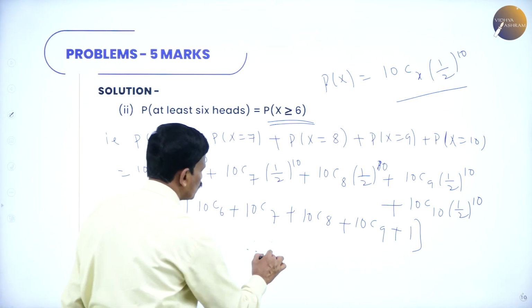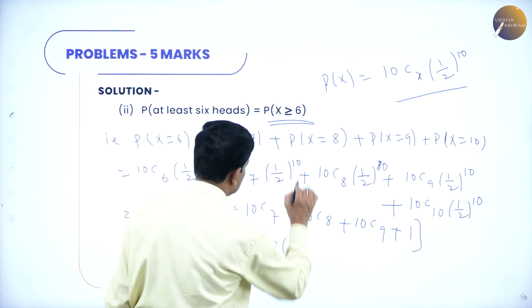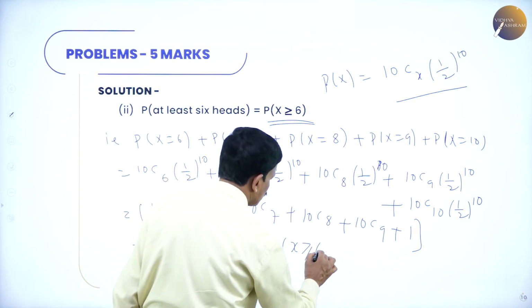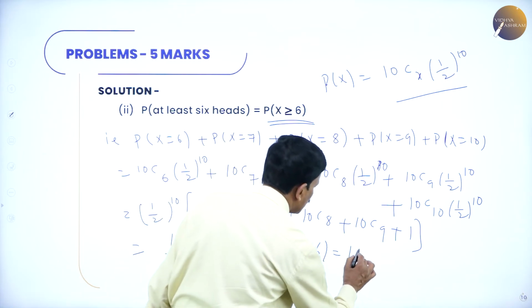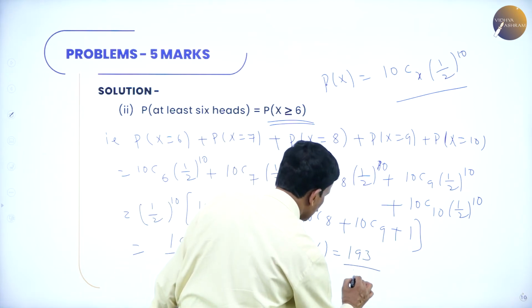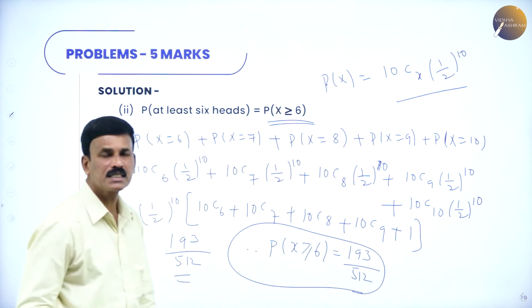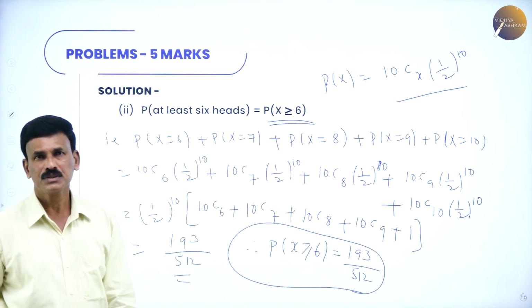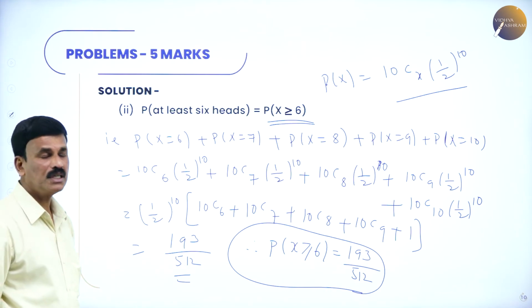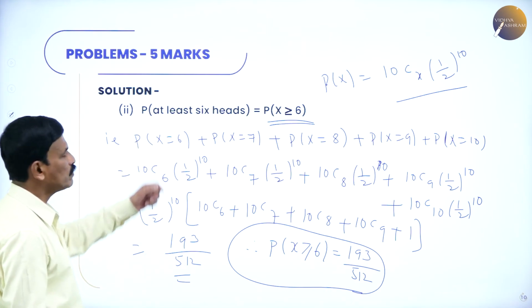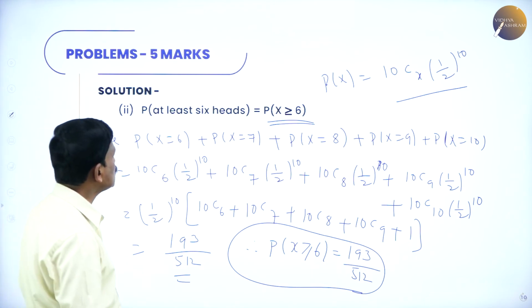So therefore probability of x greater than or equal to 6 is 193 divided by 512. That's it. This is for the second case. Okay, hope you followed. Now listen to me, I will explain. Second case, probability of at least 6 heads.